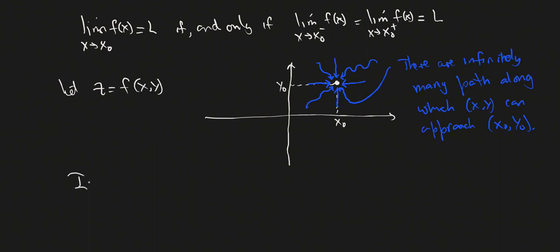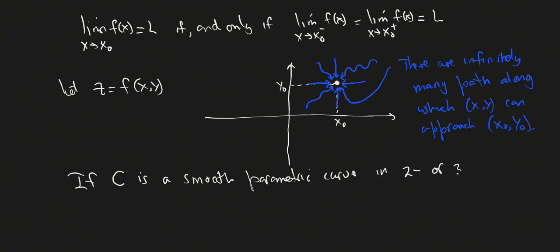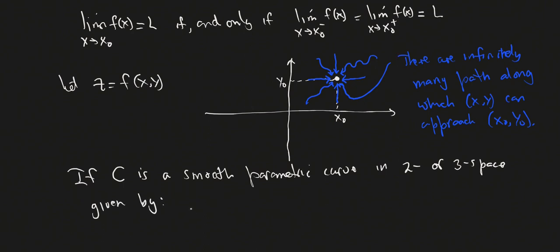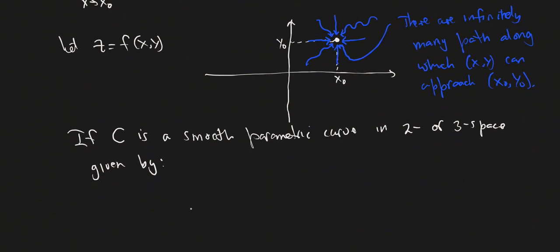So let's say this. If C is a smooth parametric curve in 2 or 3 space, given by, and we know what those parametric equations look like. That's where you have a single equation for each variable.